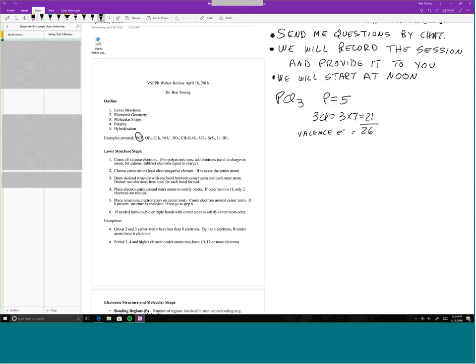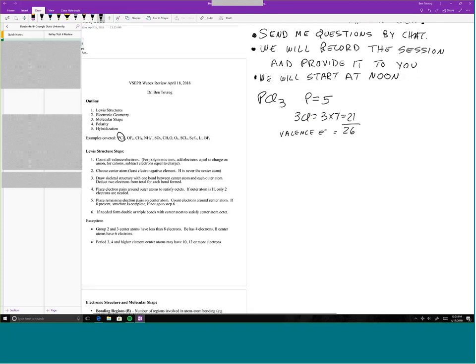Okay, now the next step is to choose the center atom. It's the least electronegative atom. And as you recall, electronegativity increases going left to right. So phosphorus will be our center atom. So let's draw phosphorus in the center. Draw a skeletal structure with 1 bond between each center atom and each outer atom.